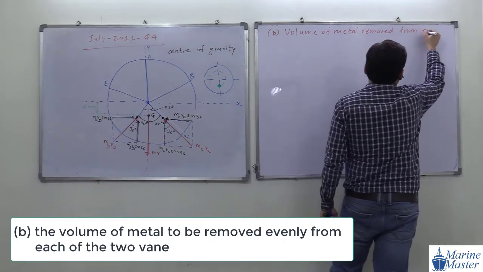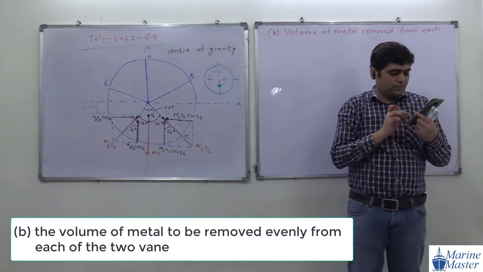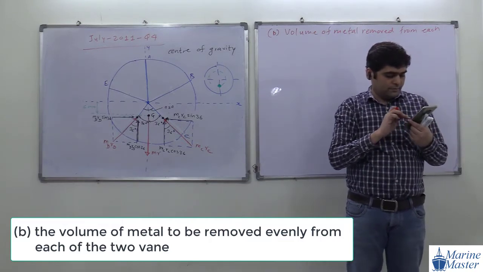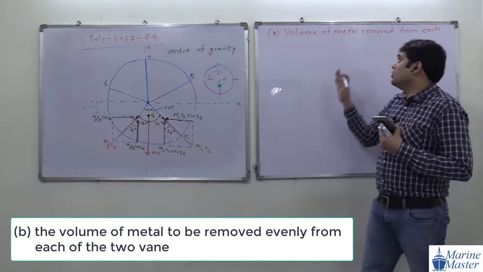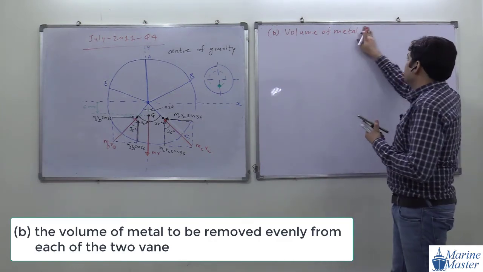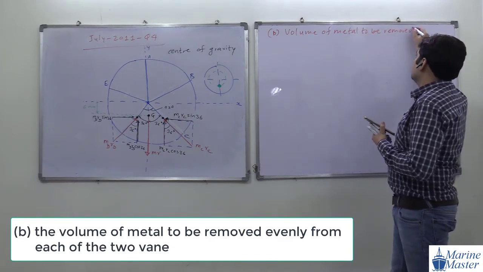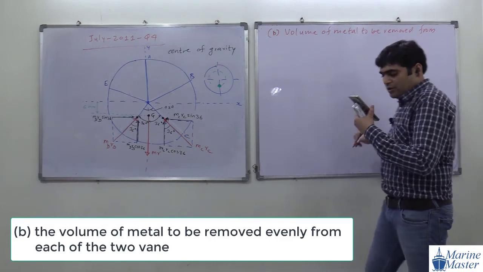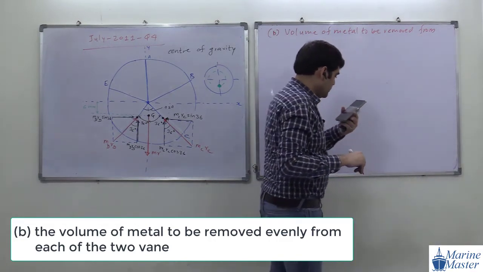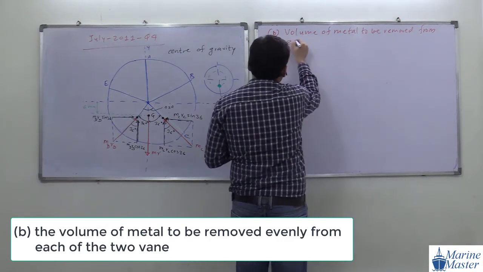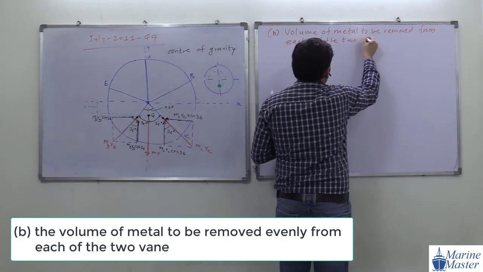Their exact words are: volume of metal to be removed from each of the two veins. Okay.